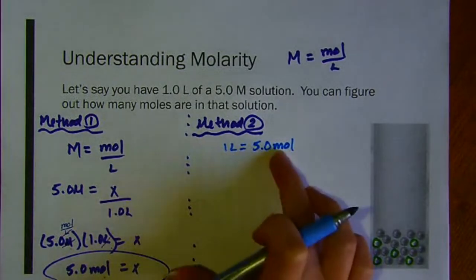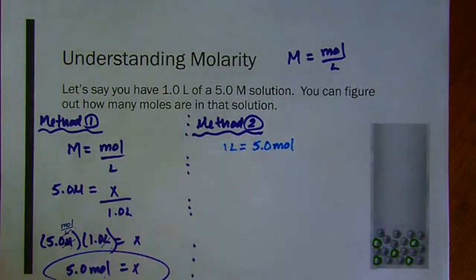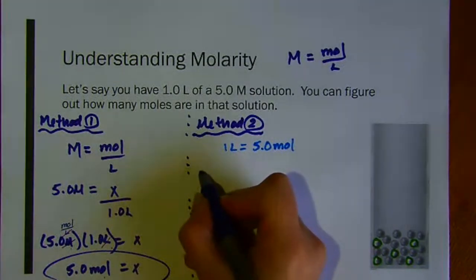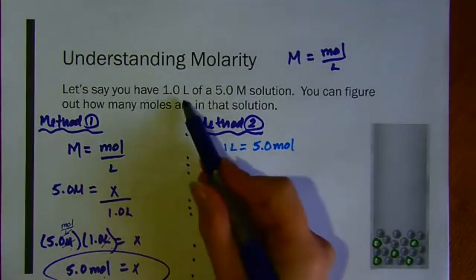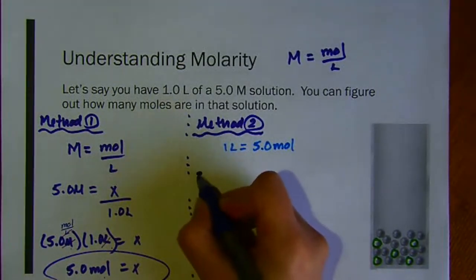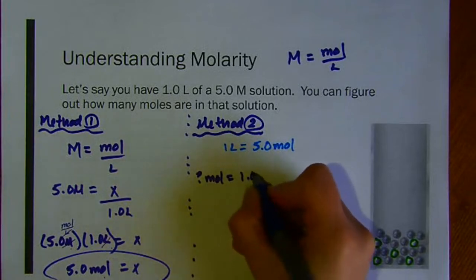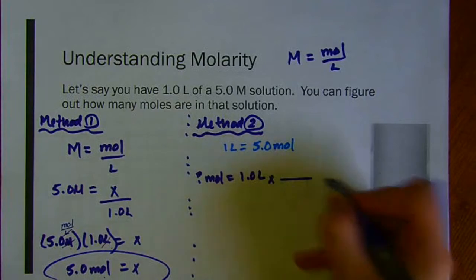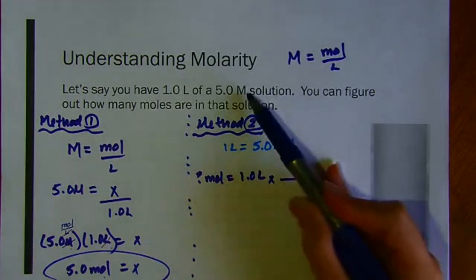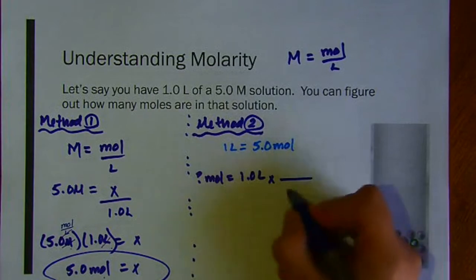So now I have a relationship. So let's use this relationship as a conversion factor to figure out how many moles of solute are in this volume. How many moles are contained in 1 liter of solution at this concentration?